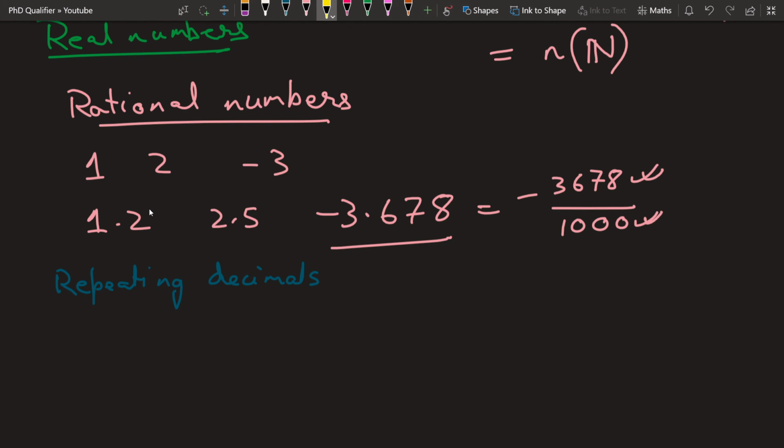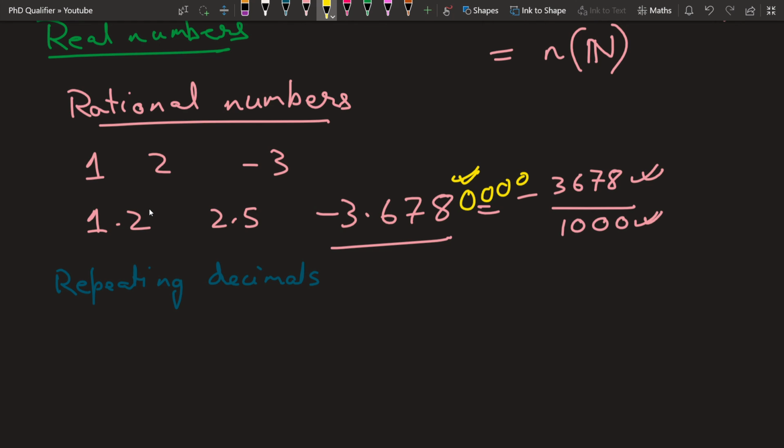So earlier I talked about only the decimal places which stop after a certain point, like after this, there are just zeros. So there are no other digits after the third place of decimal, fourth place, or even if it stops after a million places of decimal, if it stops and the rest are zero, then that is a rational number.